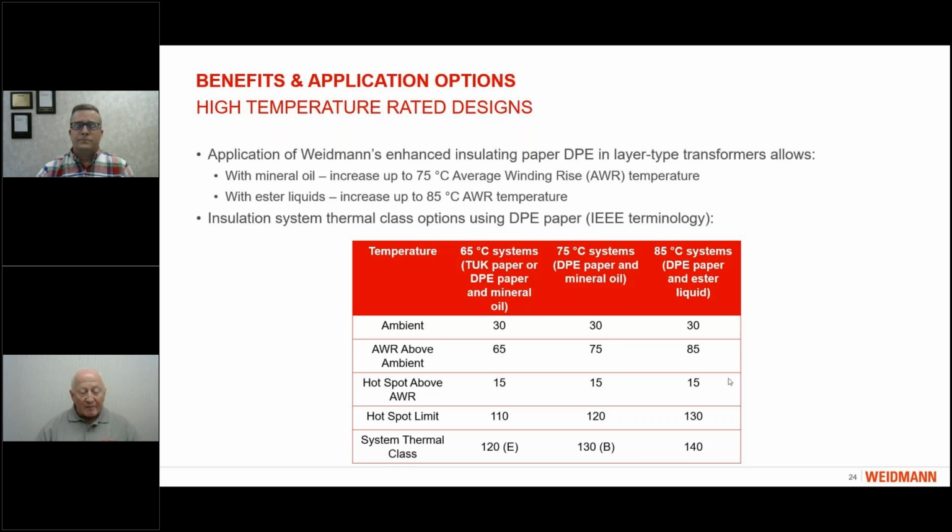And again, on this slide, you see the table where the temperature limits are shown for these different temperature class systems: 65 degree system, 75 degree system, and 85 degree system. The standards that I mentioned clearly define what the temperature limits are in order to implement such systems.